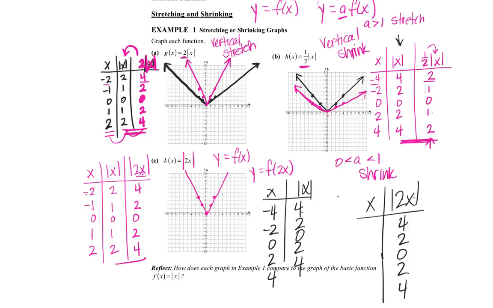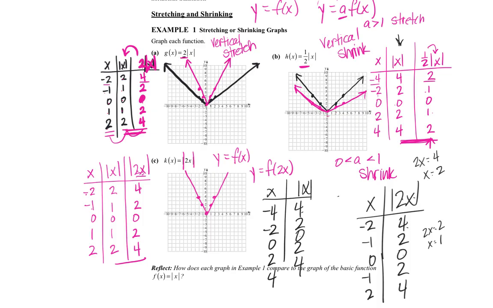Now if 2x is equal to 4, what would x be? Well, 2x equals 4, so x could be positive or -2. If 2x is equal to 2, x could be positive or -1.